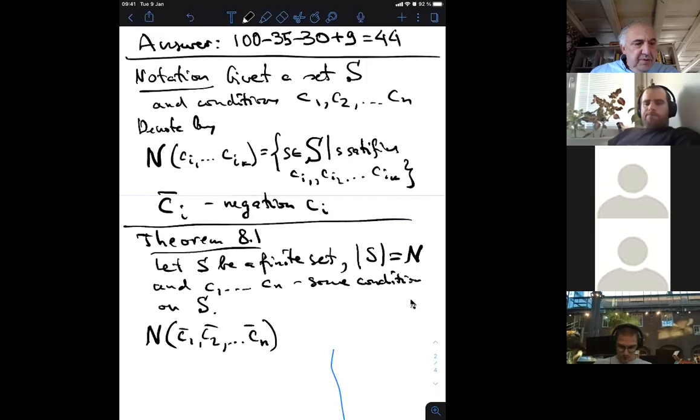And the claim is as follows. This would be the alternating sum over the subsets i1, i2, and so on, ik.